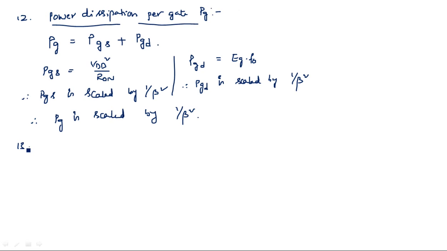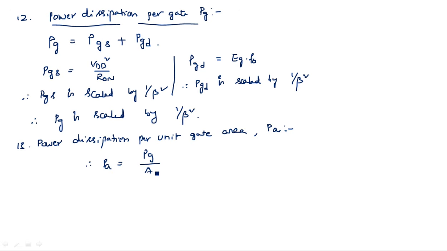Coming to the next one, power dissipation per unit gate area. We are writing it as PA. We know that power dissipation per unit gate area is PG by AG.